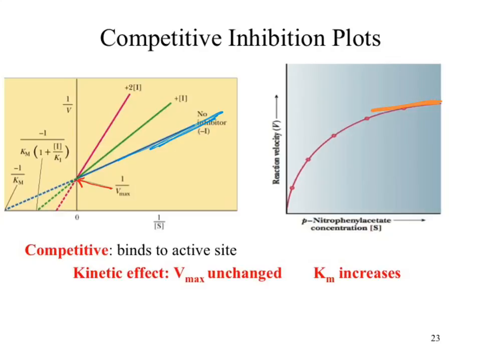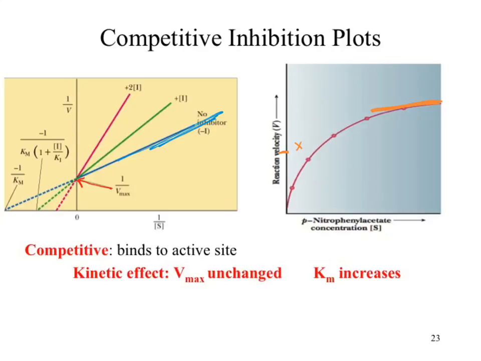Okay. What happened to Km? It increases. Where was Km in our reaction? It was at our half Vmax. So half Vmax, somewhere about here. For Km to increase, where does my orange line need to zip through?